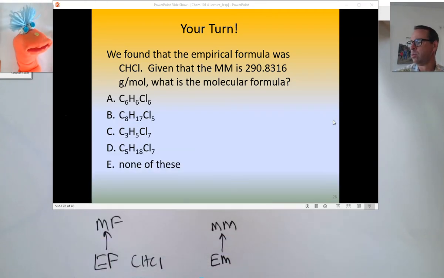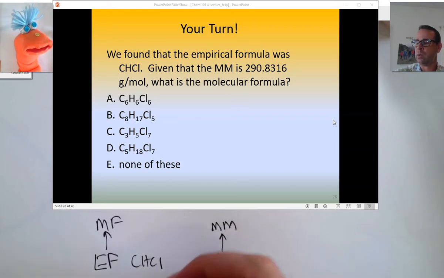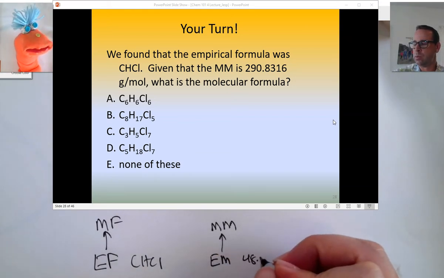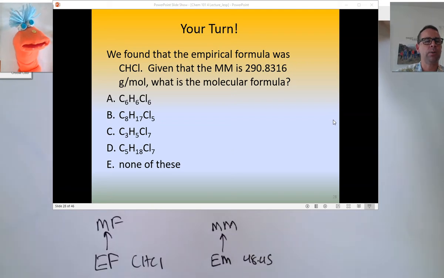Okay, so I'll add those up here, 35.45 plus the 1 plus the 12. Okay, so we got 48.45. That's our empirical mass. Now what? Well, you got the molecular mass there, 290.8.